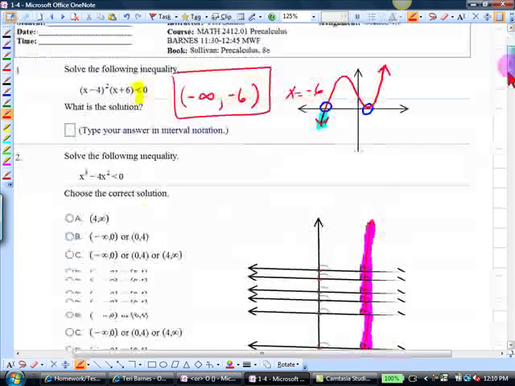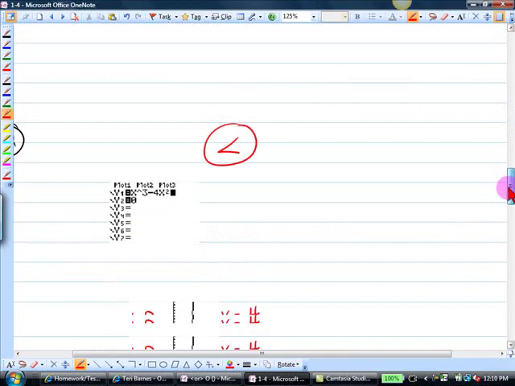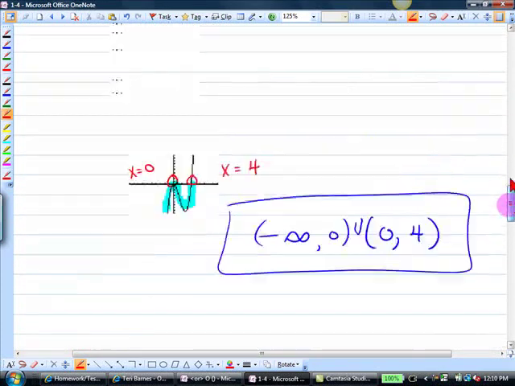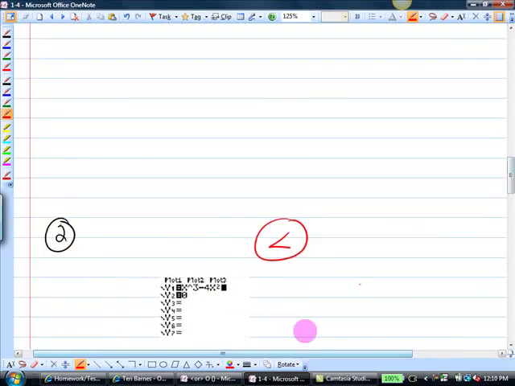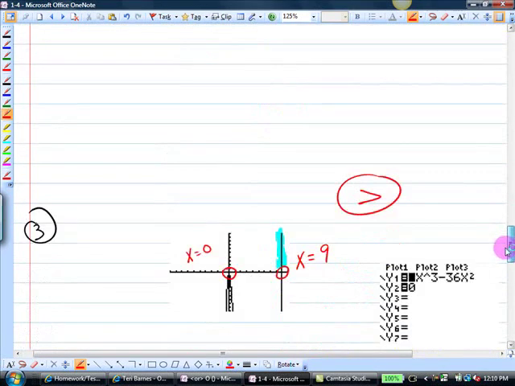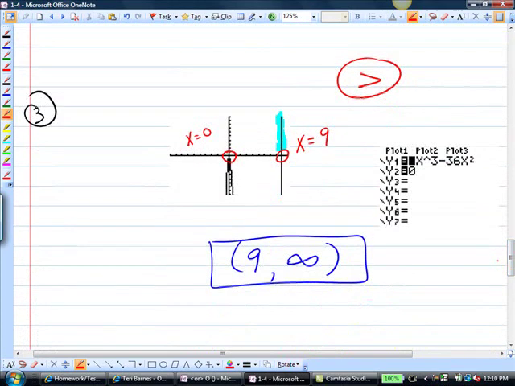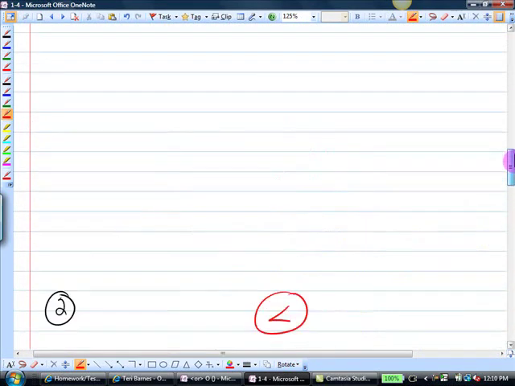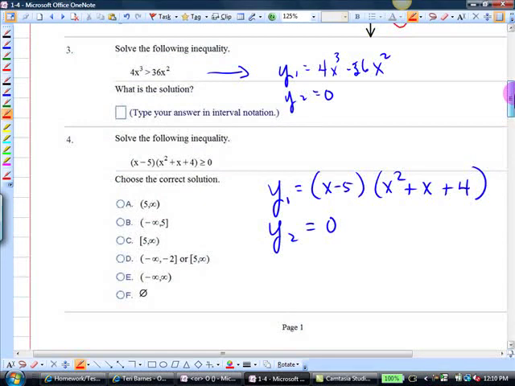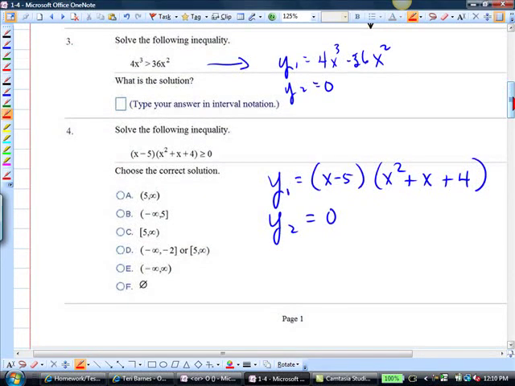All right. So did we get this one? Where were we? It was this one? So did we get that? Okay. All right. Number 4 is this one. And so you're going to put it in as x minus 5 times that.